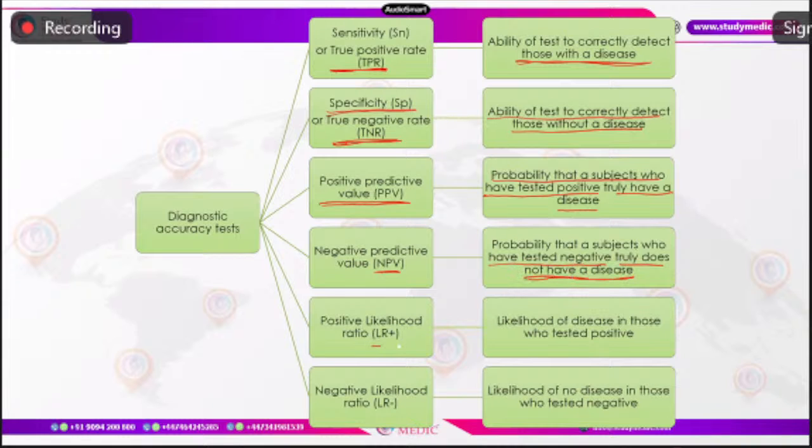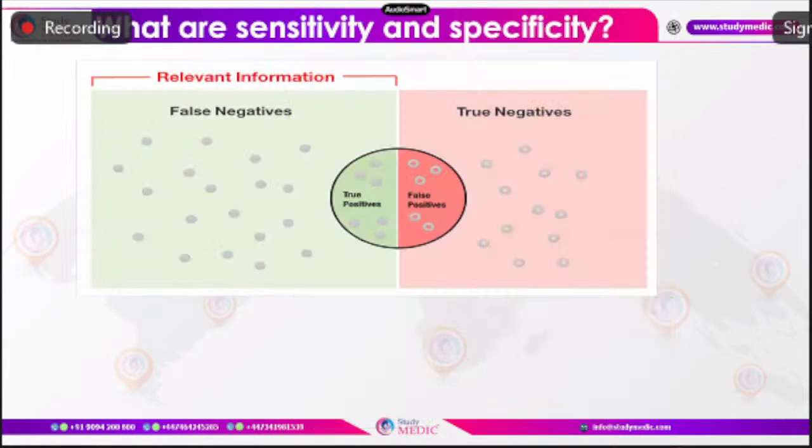What is the positive likelihood ratio? It is the likelihood of disease in those who tested positive. What is the negative likelihood ratio? It is the likelihood of no disease in those who tested negative. We will see one by one. Now, these are the false negatives and these are the true negatives.